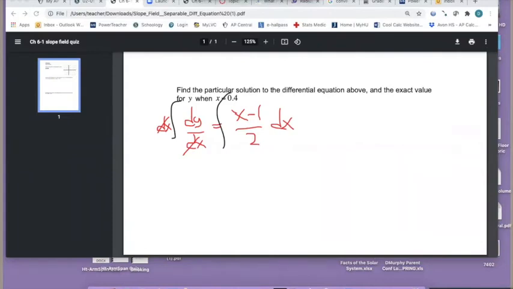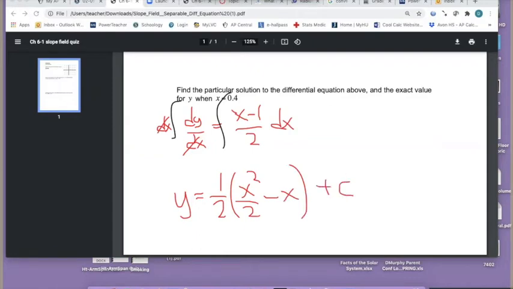All right. So the left side is just y equals, and then we've got 1/2 times x squared over 2 minus x plus c. And the last thing you got to do is use your initial condition. By the way, this is a general solution. We had an initial condition.